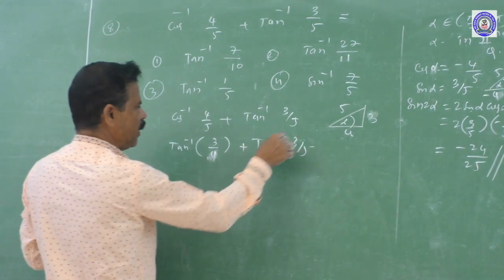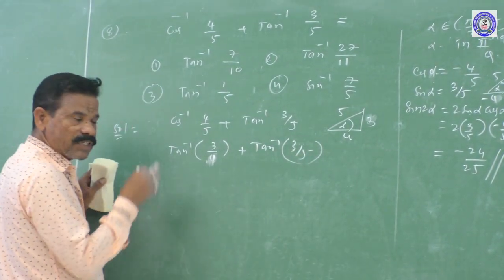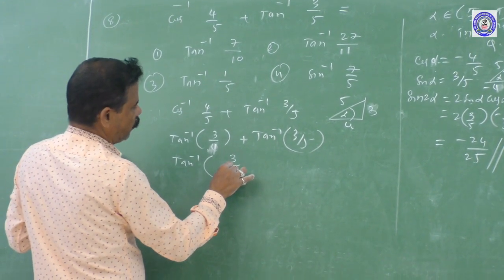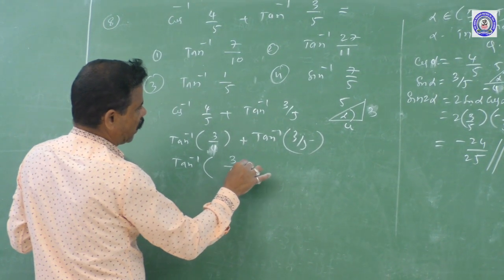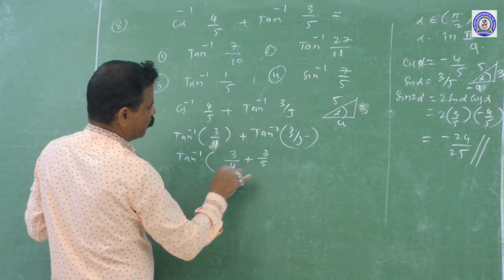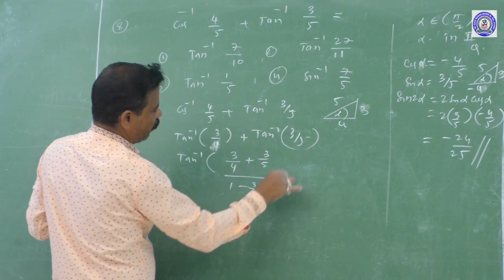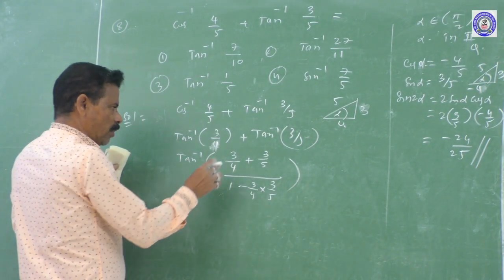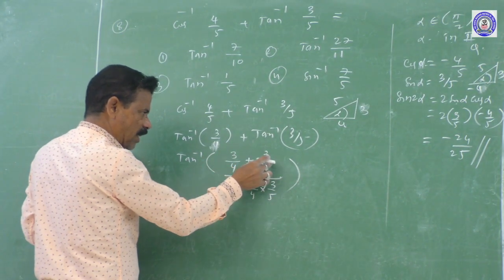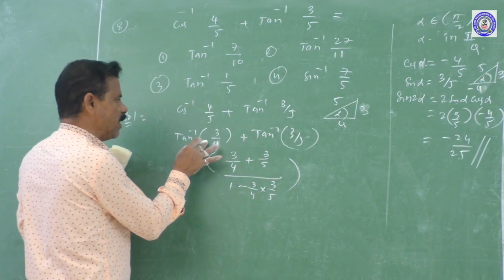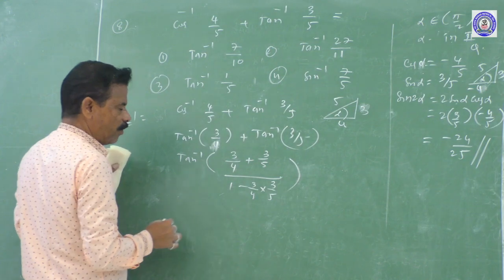So tan inverse A plus tan inverse B, the formula is tan inverse of A plus B by 1 minus AB, that is tan A plus tan B by 1 minus tan A tan B. So here A is 3 by 4, B is 3 by 5.